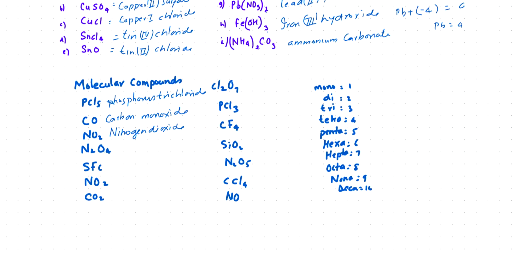So dinitrogen tetraoxide. SF6, S is sulfur, and there are 6 fluorine atoms, so we call it sulfur hexafluoride. NO2, nitrogen dioxide. CO2 is carbon dioxide.